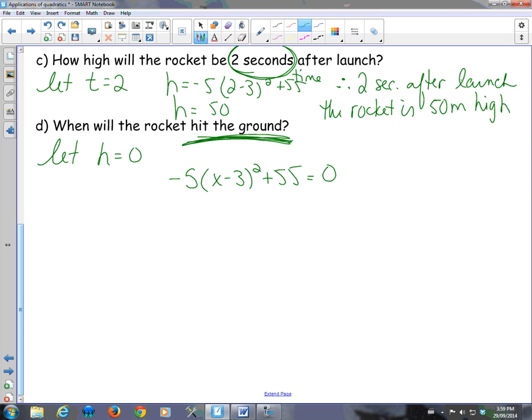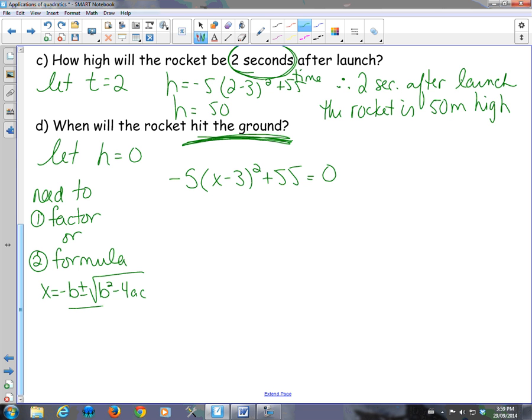In order to solve it, I need to have it in a form that I can either factor or use the quadratic formula, which is negative b plus or minus the square root of b squared minus 4ac, over 2a. In order to do either one of those, the equation has to be in standard form. Right now it's in vertex form.